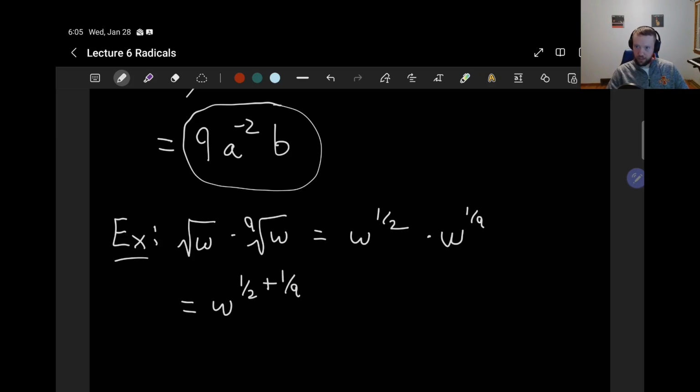Now, a little tedious, we have to find common denominators. Well, that common denominator is going to be 18. That's the least common multiple of 2 and 9. That's just the product of 2 and 9. So a 9 over 18 plus a 2 over 18 gets me w to the 11 over 18.